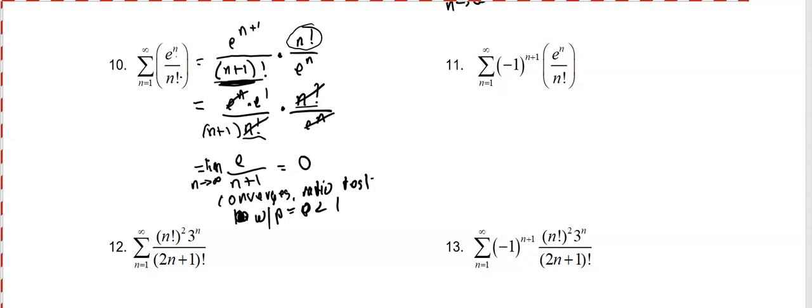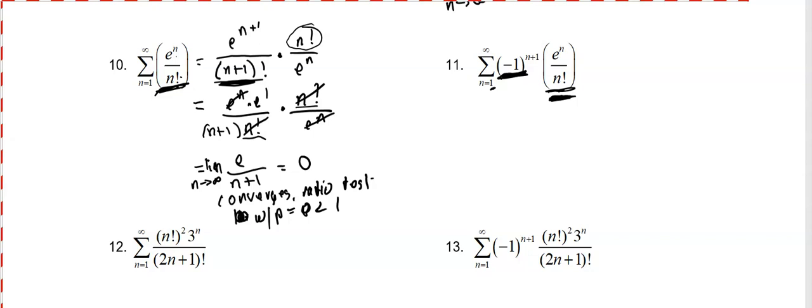11 looks like maybe a misprint, because if you look at number 11 and number 10, almost identical, except this one is alternating. So I wanted to do that just so we can remember the alternating idea, that the only thing that has to happen, as long as we have this little, what should be the alternating term, this term here has to be positive.